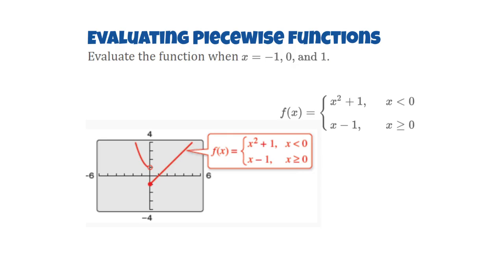When you're graphing these, sometimes you'll get lucky and one function will actually merge into the other function. If this line, let's say that was a +1, then this linear graph would have started here and gone up, which would have made this open dot get closed in by this closed dot, and it would be a nice continuous function.